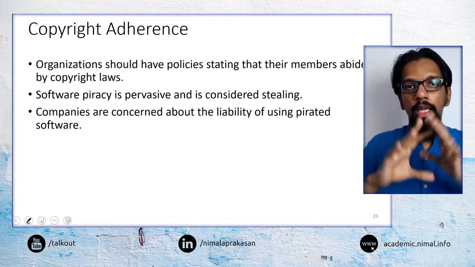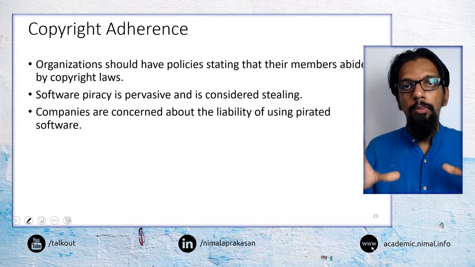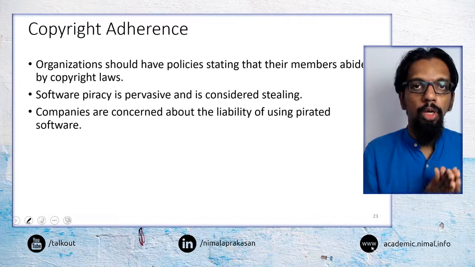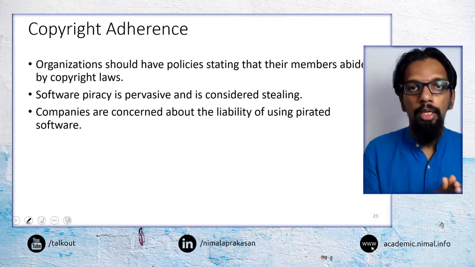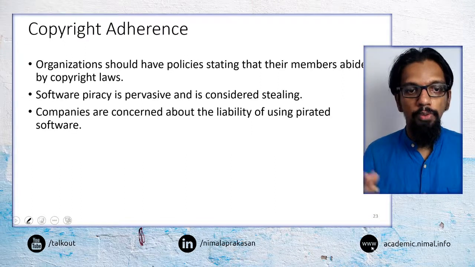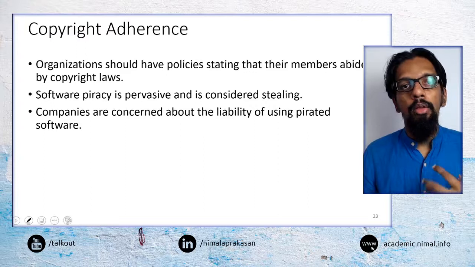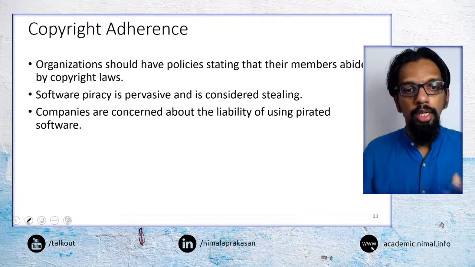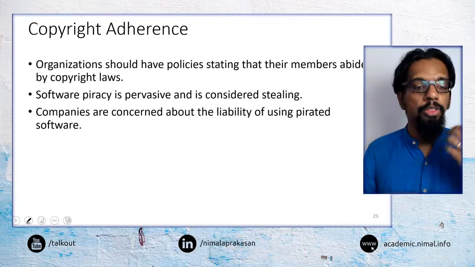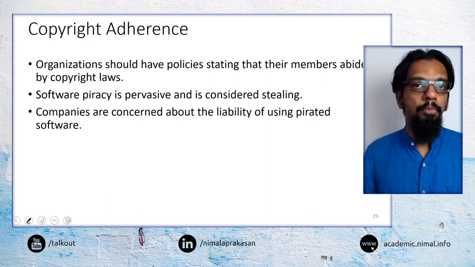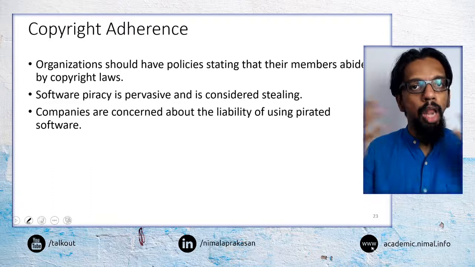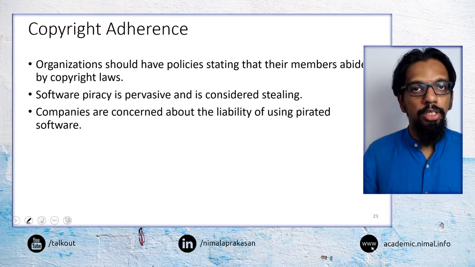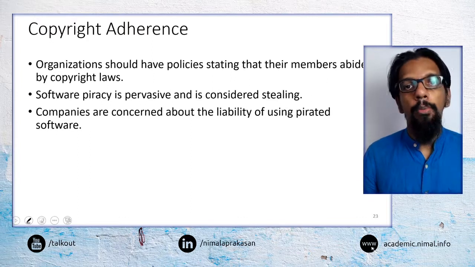One of the other things that we have to think about when we are thinking about computer systems and ethics is what do we do about copyright, particularly with software, using software with licenses, not using any sort of illegal software and so on. Software piracy should not be allowed in organizational environments because that can have serious consequences even from a legal point of view.